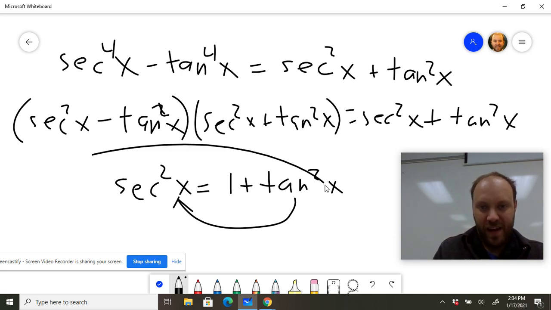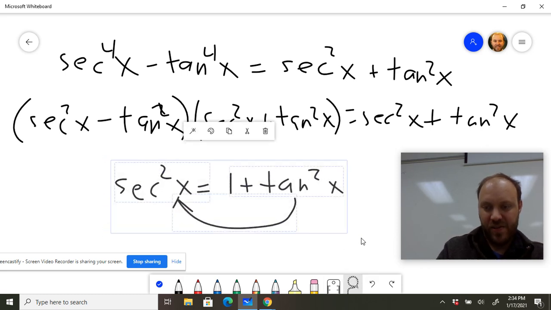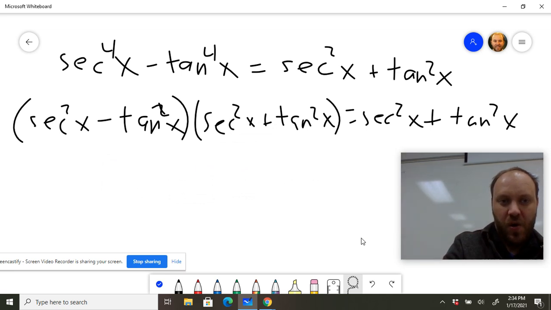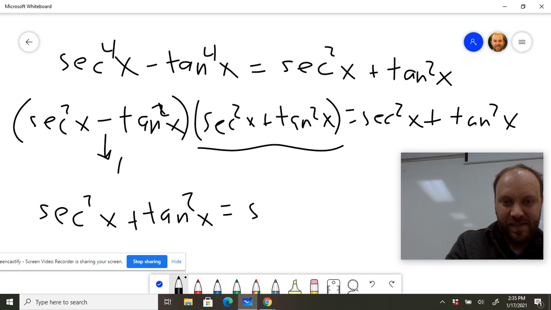So that whole thing there is actually just equal to 1, which is fantastic, because then you just have 1 times the other set of parentheses. If this is just 1, then 1 times this is just going to leave me with secant squared of x plus tangent squared of x. And that's exactly what I wanted.